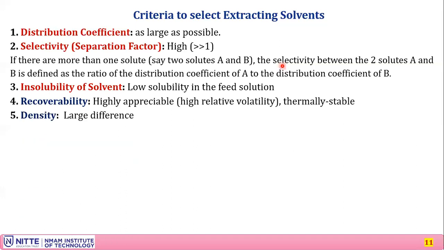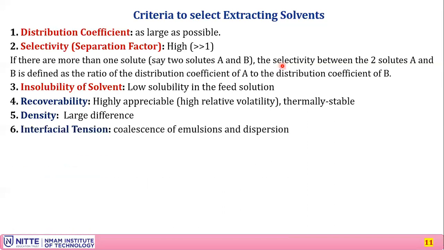Density, there should be a large difference, and you've seen the principle that two layers separate out based on the density, using gravitational force. If there's a large difference in density, it is easy to separate the two phases. Another is interfacial tension. Coalescence and emulsions, they form.